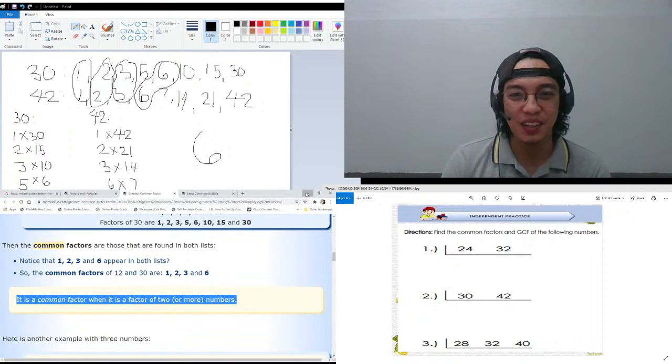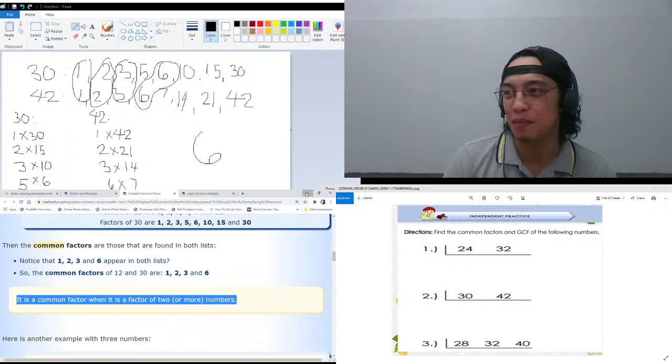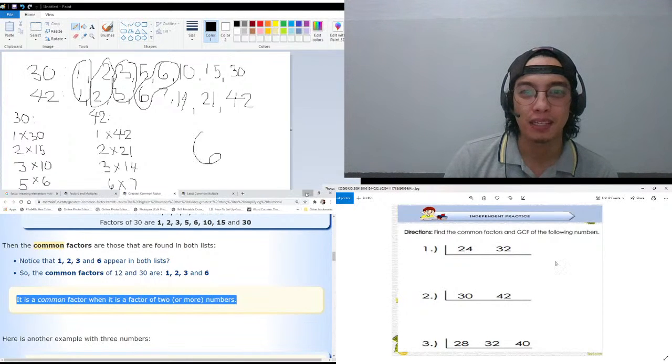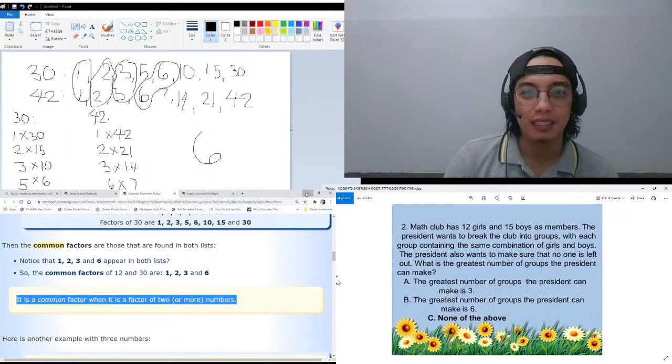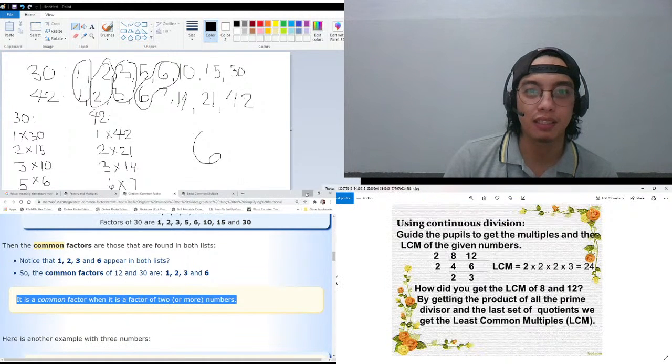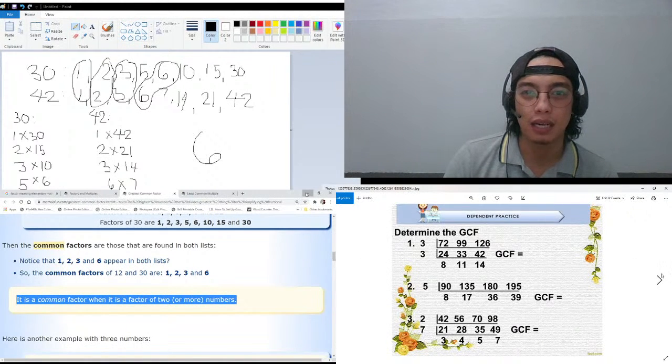Alright, now let's see some more of those in the module. Okay, there are problem solving items that can use this, but later, it's easy.